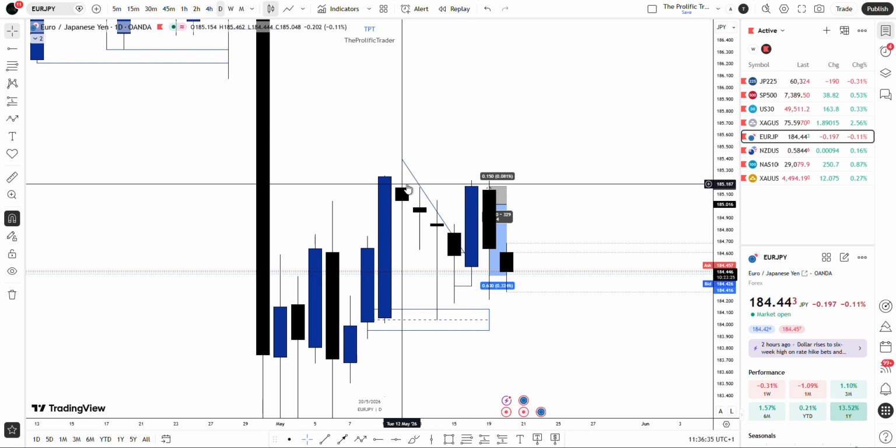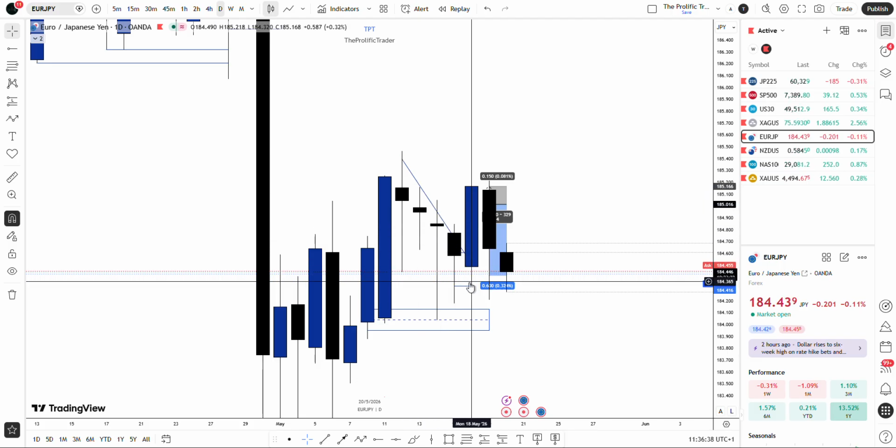This pump, what does it tell you? It tells you that it even broke through this trend impulsively.